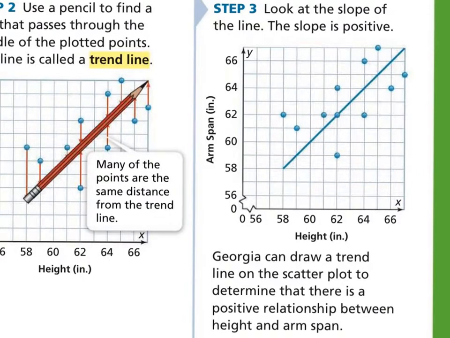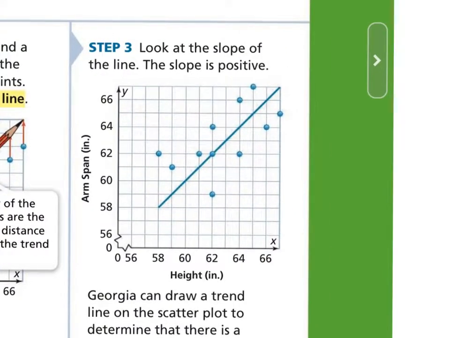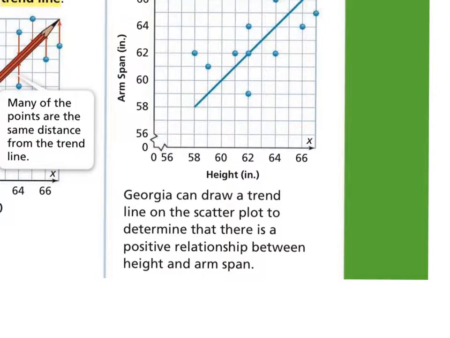Okay. And so the book here then in step 3, they drew that trend line. The slope of that line is positive, and so we can say there would be a positive relationship between height and arm span. In other words, in general, if you're taller, you're going to have a bigger arm span. Does that make sense?